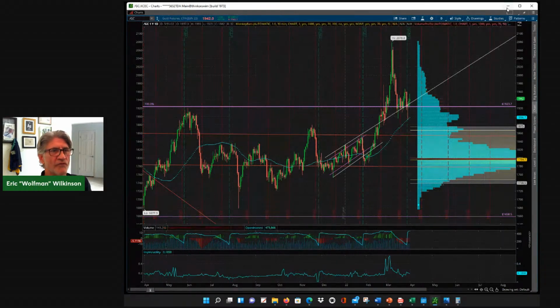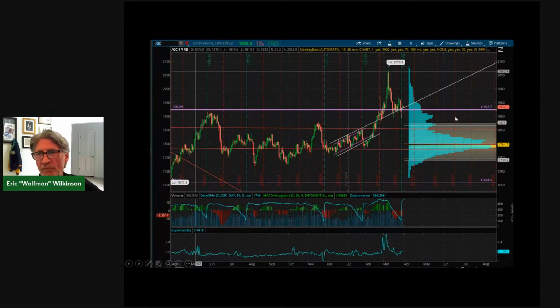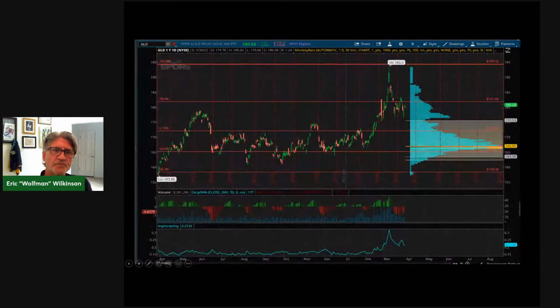I think that we're going to see some more inflation. So I'm just talking about playing this to the upside using GLD though. All right. So I've got a bullish assumption in here. Now, if I look at this volatility, you can see the volatility has really kind of exploded in here.